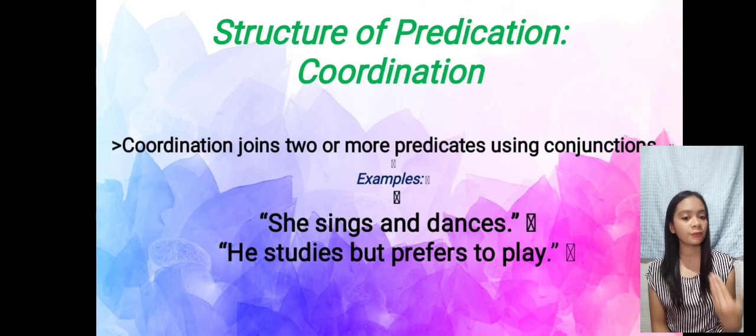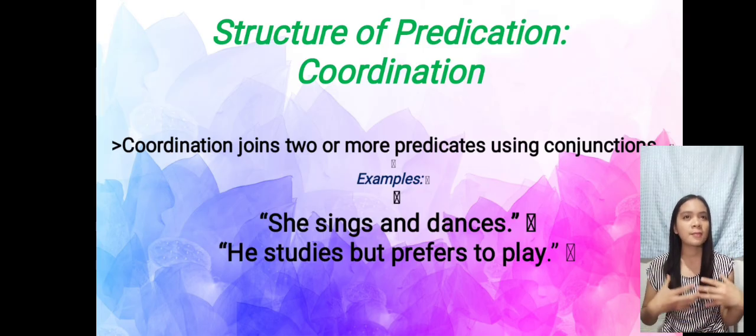As you can see, may dalawang actions sa bawat sentence. In she sings and dances, both sings and dances are actions joined by the word and. So, coordination connects ideas para mas kompleto pakinggan ang isang sentence.